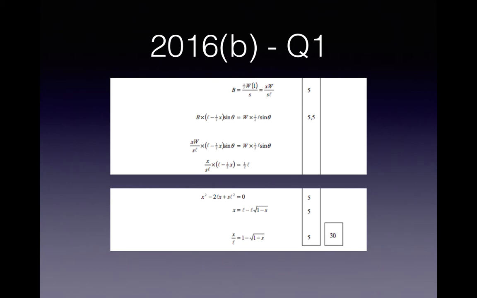Okay, one thing that you need to note here: the second picture there has an x squared minus 2lx plus sl squared equals 0. And there's a temptation here to either make x the variable or L the variable. And the thing you have to remember is the length is fixed. The x value is the variable here.